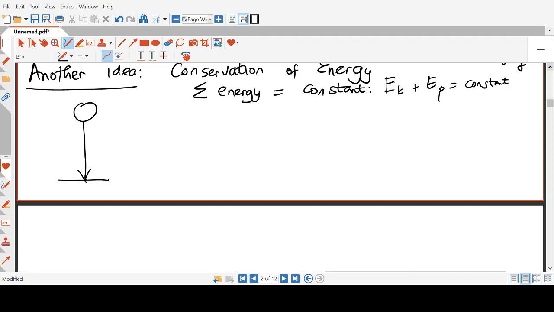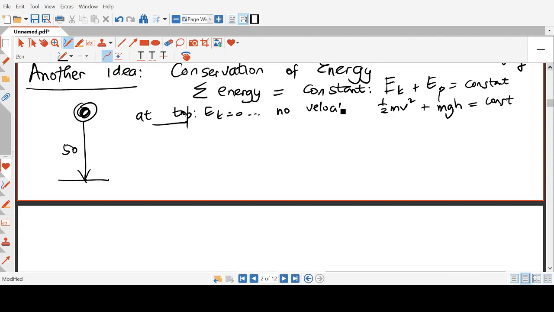So if you take the kinetic energy, which is half mv squared, and the potential energy, which is mgh, this is always a constant. So if you take it at the top, at this point here, that's 50 meters, by the way, EK is 0. No velocity. So energy is simply mgh.